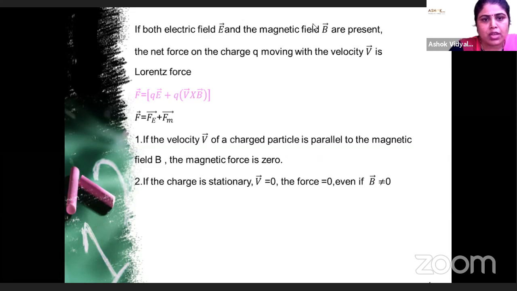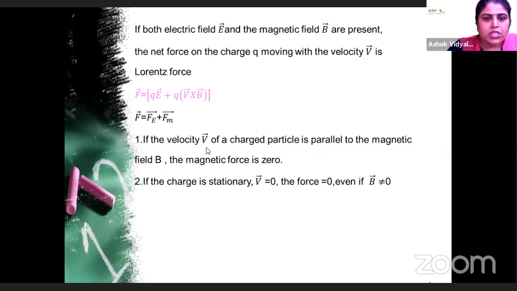That means this is the total force. Therefore, F bar is equal to Q E bar, where E bar is the electric field, plus Q v bar cross B bar, that is the magnetic force. Therefore, the total force is equal to the electric force plus the magnetic force.